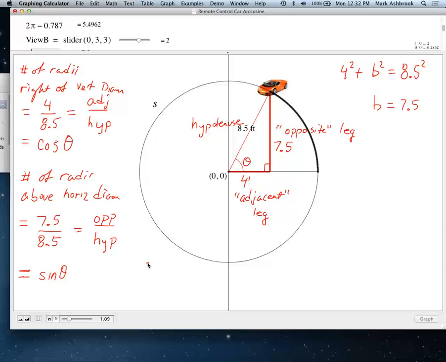So these triangle rules for sine and cosine, what I'm trying to say is those ratios are still giving the number of radii either above the horizontal diameter, that's sine, or to the right of the vertical diameter, that's cosine. So those ratios still come from the fact that we're measuring distances in radius lengths.